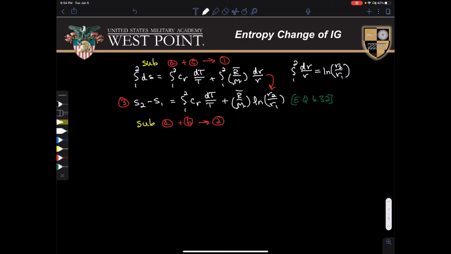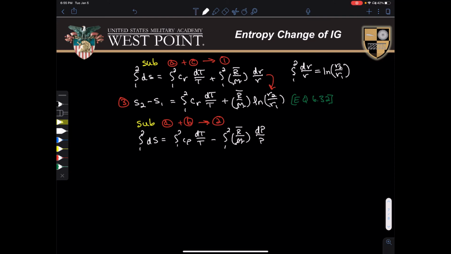Integrating from state 1 to state 2 on the left and right-hand sides, we get this form of the equation: integral from 1 to 2 of the specific heat at constant pressure, dT divided by T, our temperature, minus the integral from 1 to 2 of the universal gas constant R bar, molecular weight, times our differential change in pressure divided by pressure.